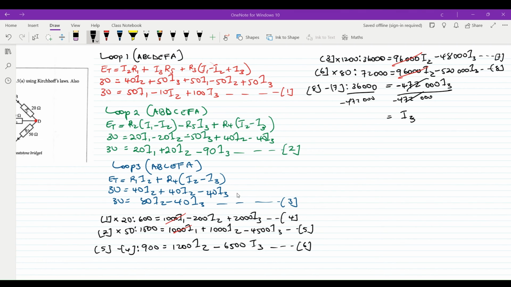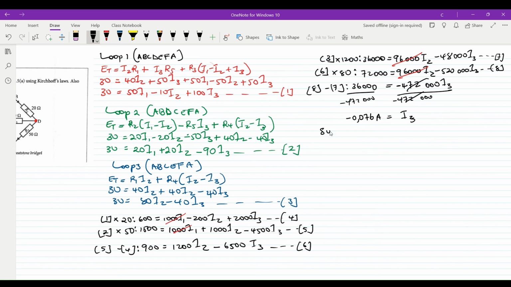This would give us negative 0.076 amps. Remember, you have studied that if you get a negative value, it means that the current is actually moving in the opposite direction than that assumed direction. So every current direction in this circuit will be assumed until proven otherwise.